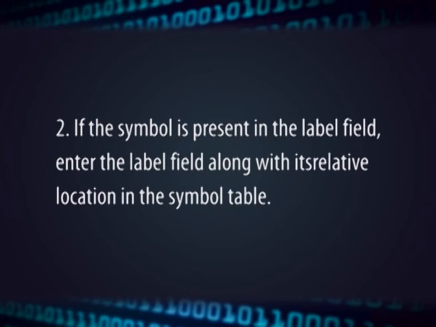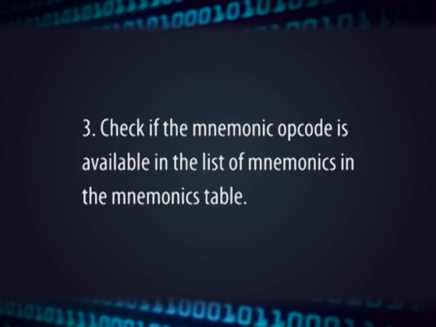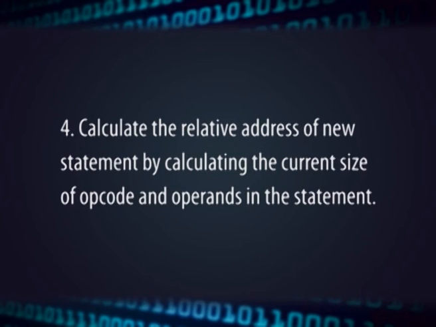Second, if the symbol is present in the label field, enter the label along with its relative location in the symbol table. Third, check if the mnemonic operand is available in the list of mnemonics in the mnemonic table. Fourth, calculate the relative address of the new statement by calculating the current size of the opcode and the operands in this statement. So, these are the 4 tasks performed in the first pass.